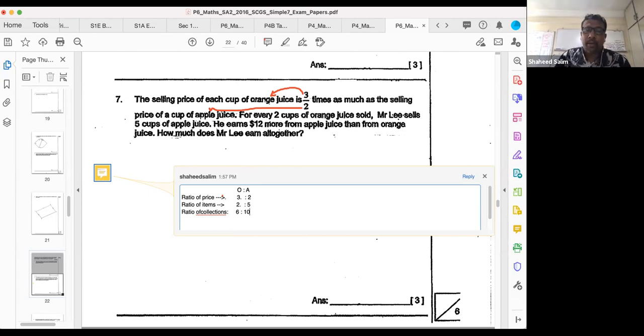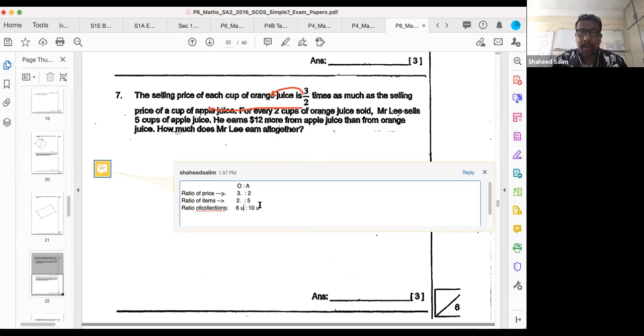What's the difference between the amount of money collected? Is 10 units. This one is in units. This one is also in units now. So they say he earns $12 more from the apple juice than from orange juice. So what's the difference? 10 minus 6, 4 units is $12. What is 1 unit? 1 unit, $3.